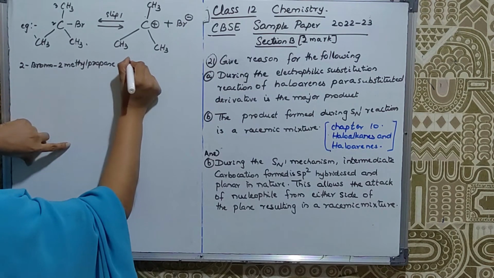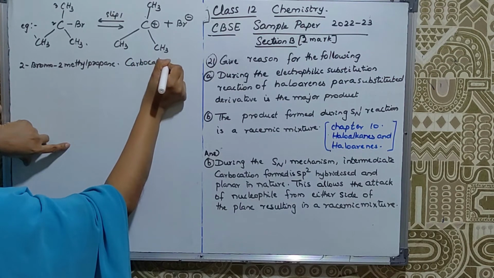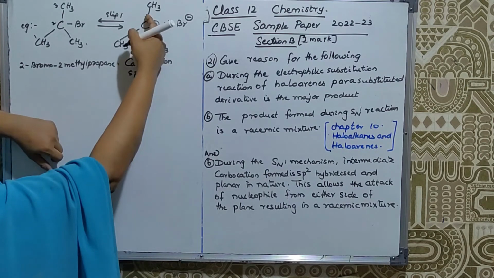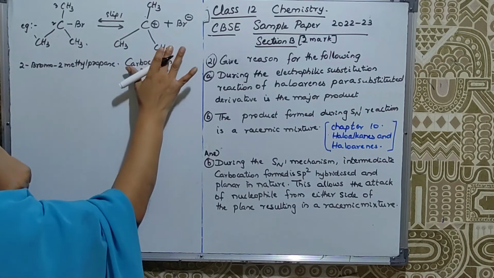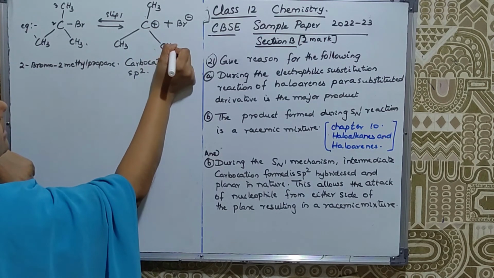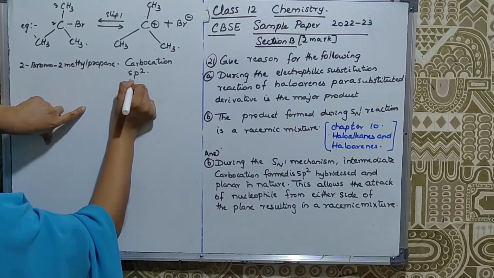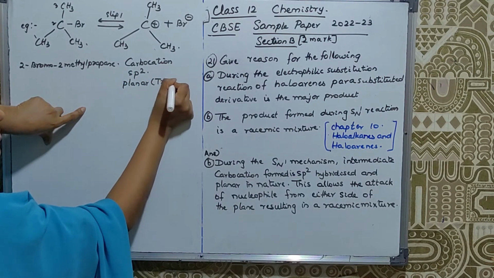This carbocation is sp2 hybridized. Since it is sp2 hybridized, it will be directed towards the 3 corners of an equilateral triangle, having a trigonal planar arrangement, so it is planar.